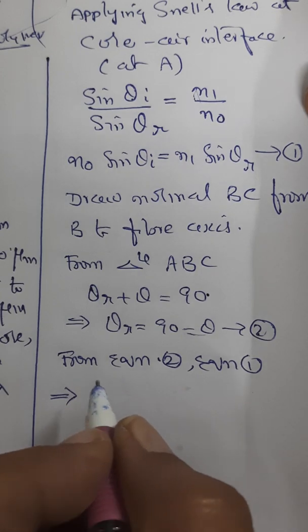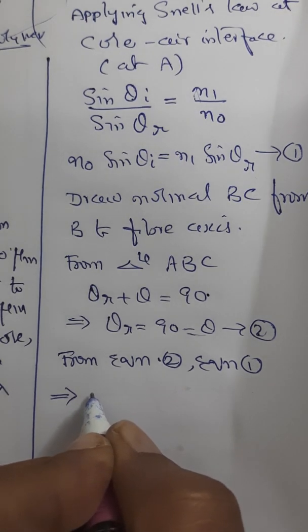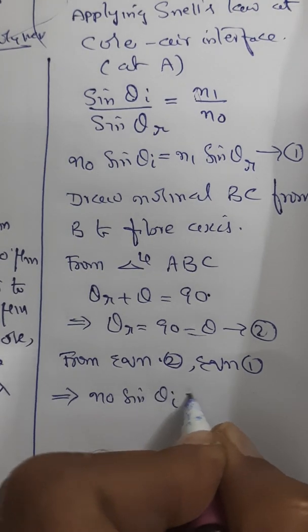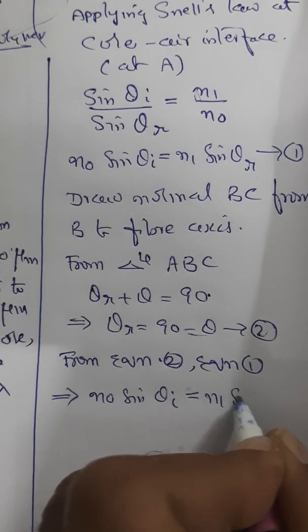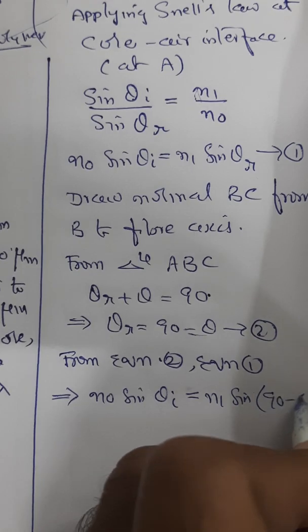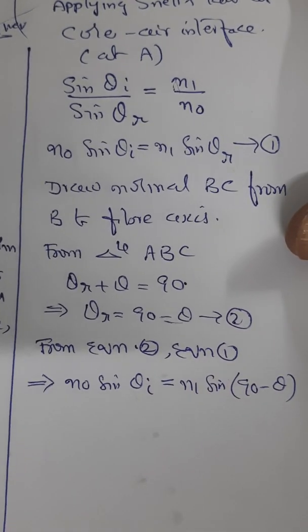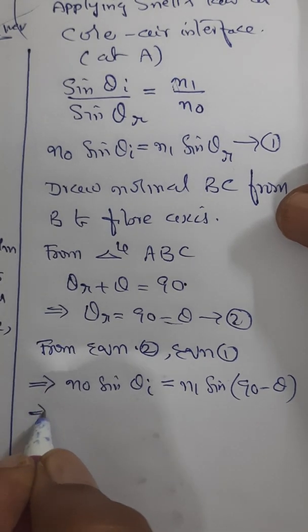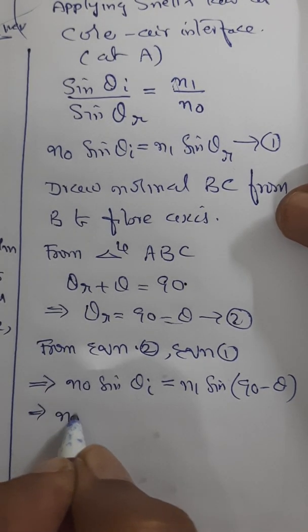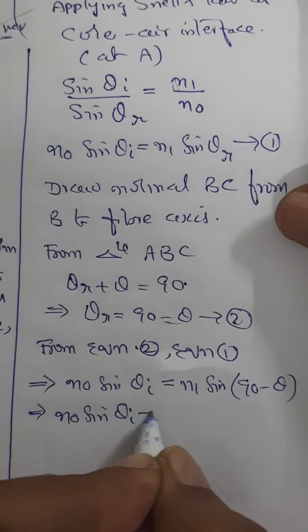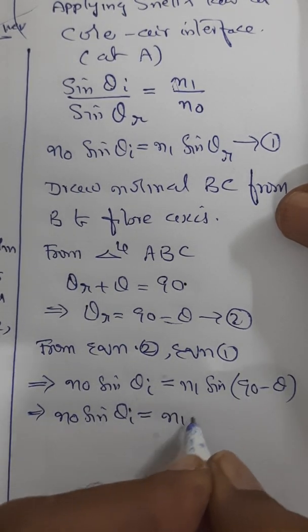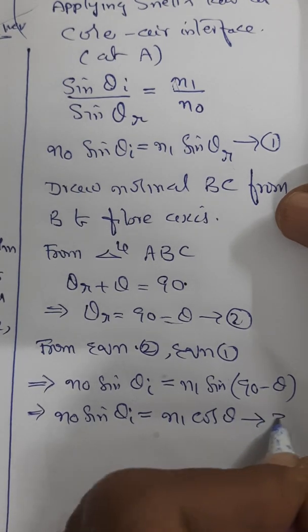So you will get N0 sin theta I is equal to N1 sin of 90 minus theta. Understood? That is, N0 sin theta I, and sin of 90 minus theta is equal to cos theta. Therefore, this is N1 cos theta, called equation 3.